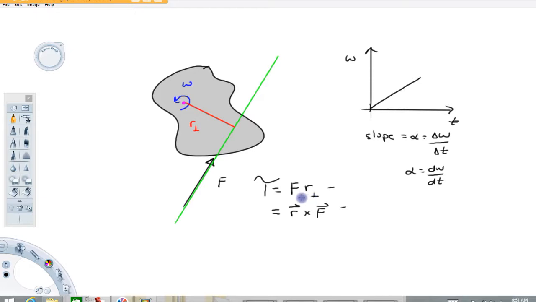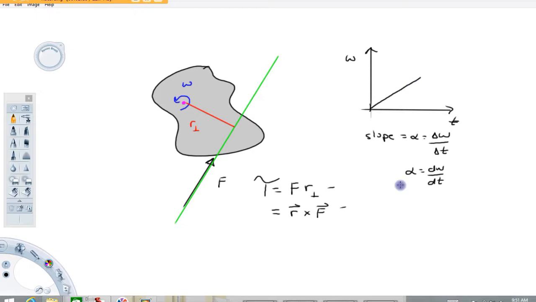Now, if this force remains constant, this angular velocity is going to start changing. And if the force stays constant, then the torque would be constant. And if I were to graph angular velocity against time, I'd get a linear type of curve. And again, I'm assuming it has started from rest. The slope of this line is an acceleration.